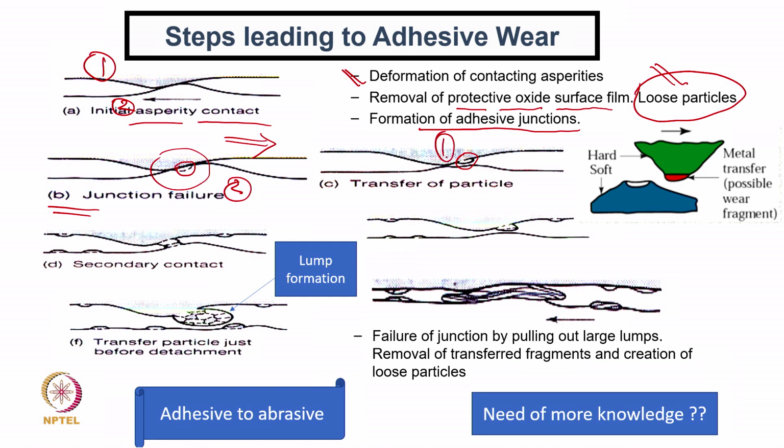That means metal 1 is going to carry metal 2 in the form of this lump, or maybe a projection, right. And this has already been shown in the previous slide, how the metal transfer occurs. It happens because of the electronic transmission and then cold weld junction, and that is the reason why we need to generate this kind of hypothesis.